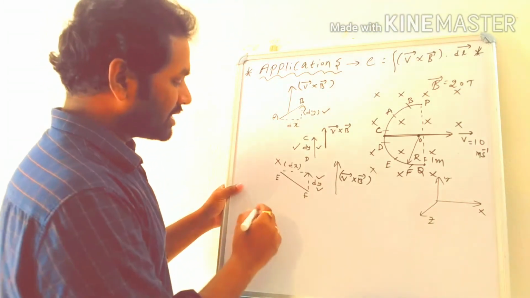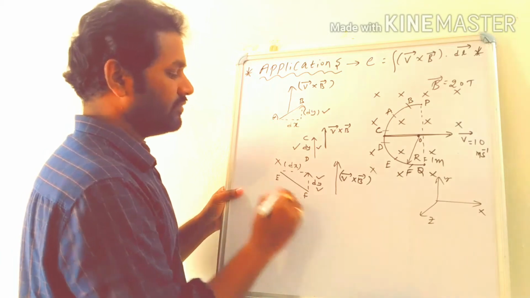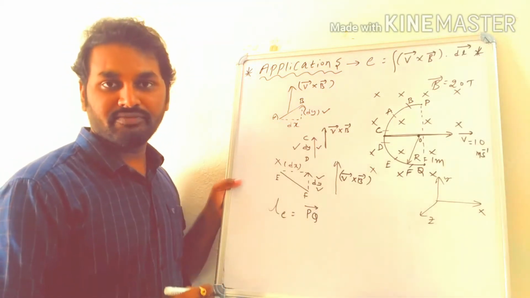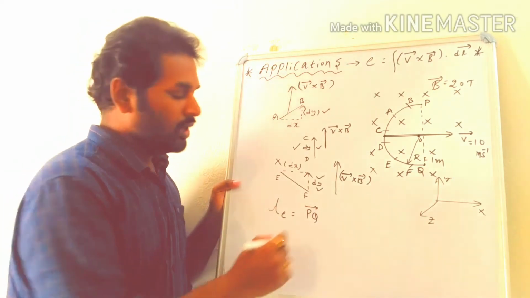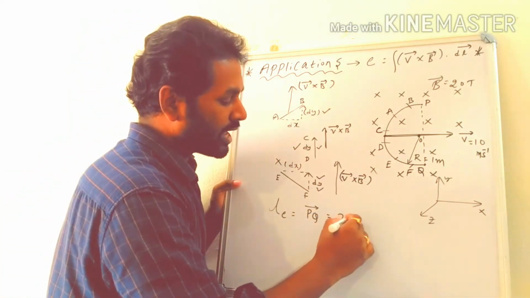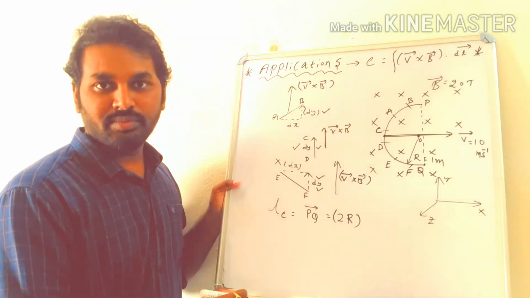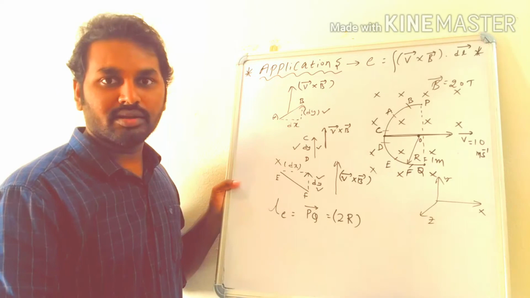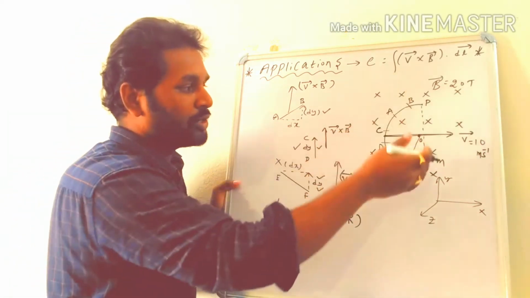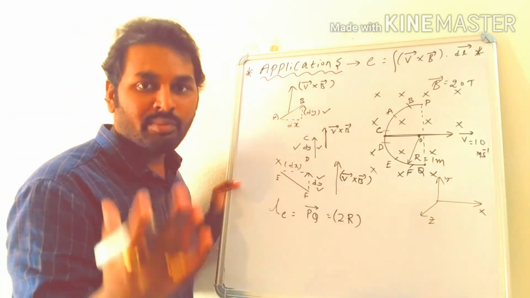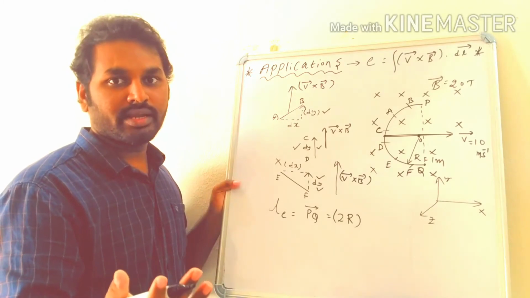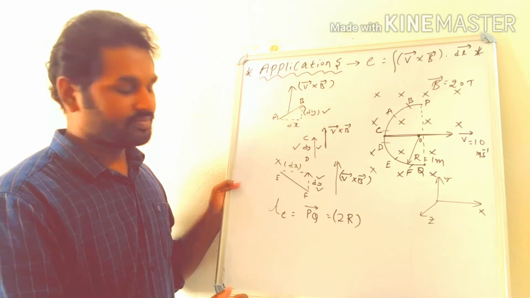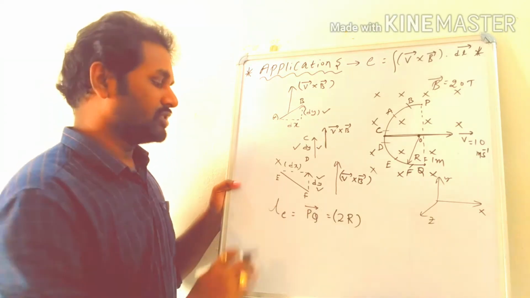So the effective length of the conductor, LE, is equal to the vector PQ. The displacement vector is nothing but 2 times the radius, because as it is semicircular, it has some radius r, and the line joining P to Q is the diameter of that semicircular conductor, nothing but 2r. Okay, so we got the effective length.